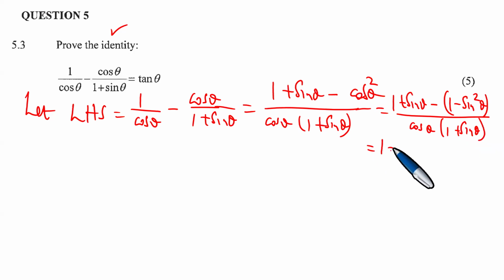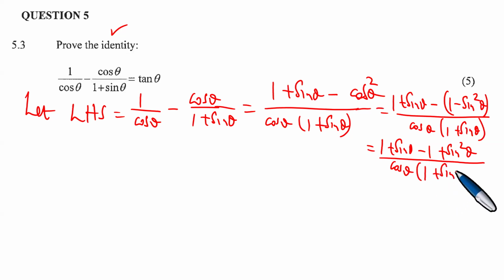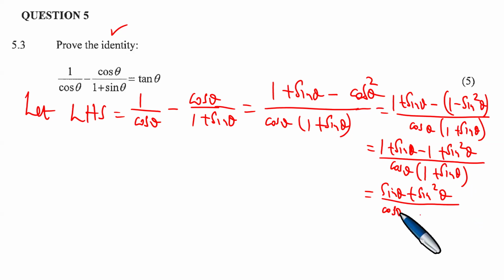And therefore it is 1 plus sine theta minus 1 plus sine squared theta divided by cosine theta into 1 plus sine theta. So obviously 1 minus 1 becomes 0, and we have sine theta plus the sine squared of theta, and you divide everything by cosine theta into 1 plus sine theta, like so.